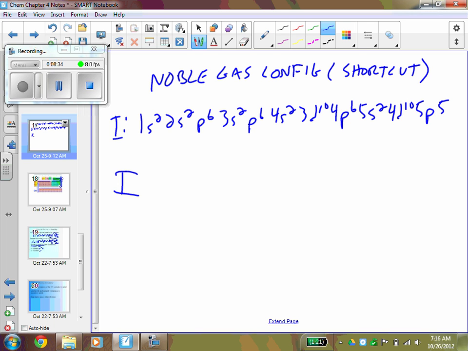And we start the shortcut off the same way. Okay, iodine, except now we're going to put a set of brackets. And the shortcut is we're going to use the noble gas configuration. So we're going to go to iodine, which appears on the 5th period. We are going to use the noble gas on the 4th period, and that would be krypton. So we're going to put Kr in here.